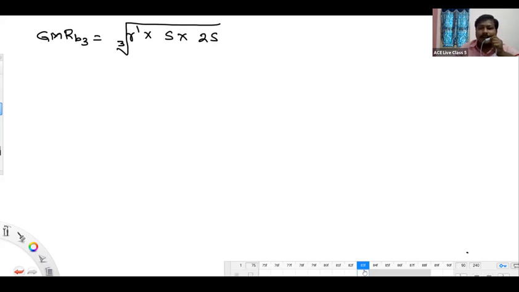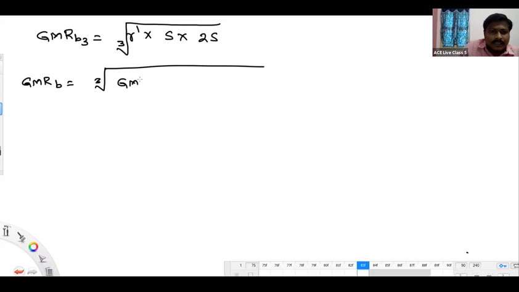Next, observe how the GMRs of B1, B2, B3 are. Equal or unequal? Unequal, right? The GMRs of B1, B2, B3 are unequal. Now we have to take the geometric mean of these 3 numbers to get the GMR of phase B. So the GMR of phase B is the cube root of GMR of subconductor B1, GMR of subconductor B2, GMR of subconductor B3.